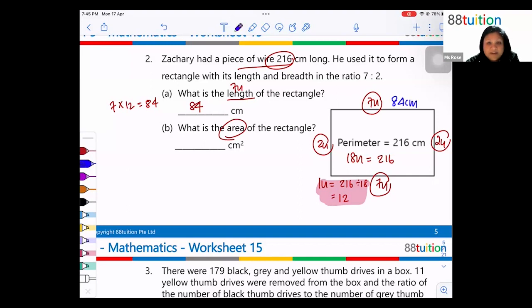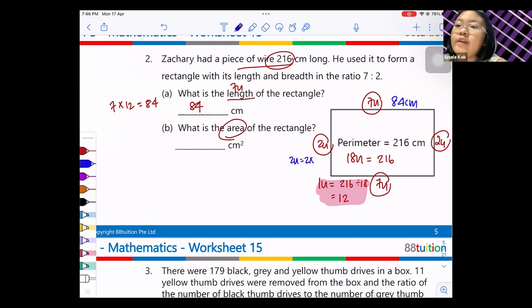Then what do you need to find? Since you already have the length, you need to find the breadth. Yes. The breadth is 2 units. So if 1 unit is 12, 2 units will be 24. Very good. So the breadth is 24.